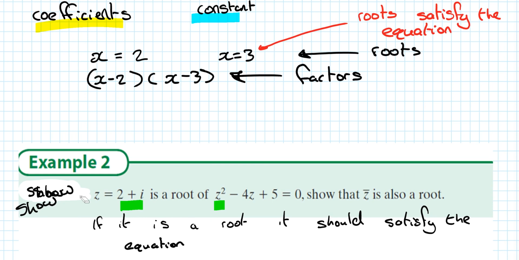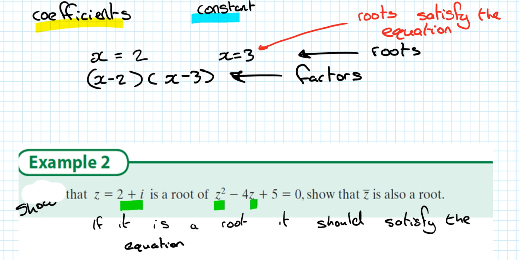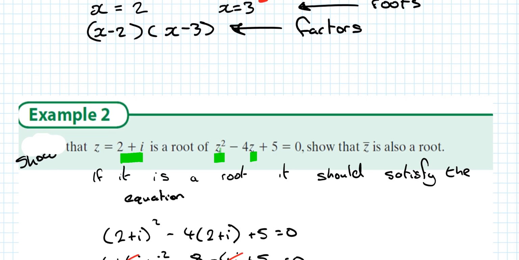Okay, so it did say given, but I changed it to show. So we need to show that 2 plus i, when I sub it in, makes sense, it satisfies the equation. So all I've done is subbed in 2 plus i for z. I'm going to multiply out the bracket, so it's going to be minus 4 times all of this, and square this out, so multiply it by itself.